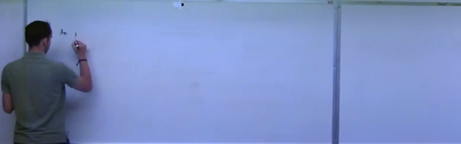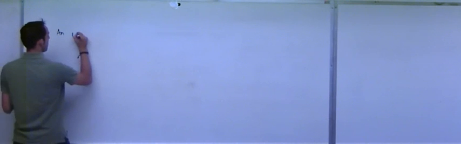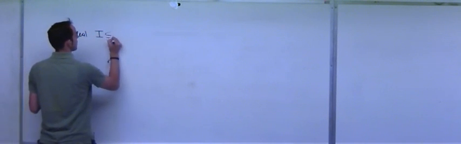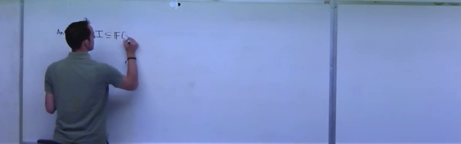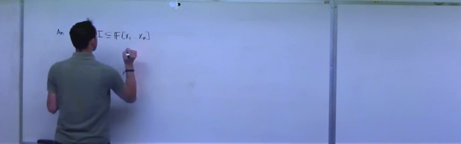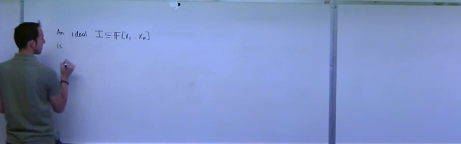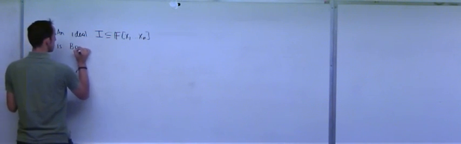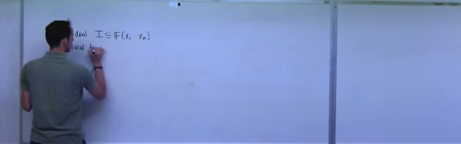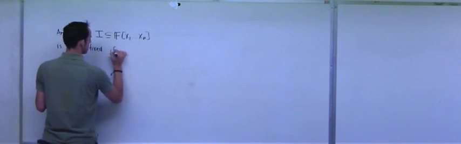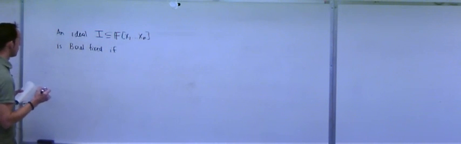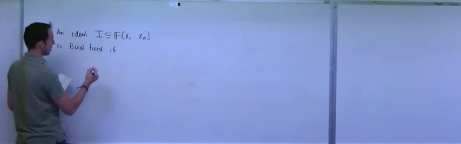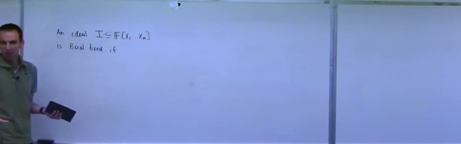So we were talking about Borel-fixed monomial ideals. So we said that an ideal in a polynomial ring is Borel-fixed, so by definition, this is just that it's fixed by the action of the Borel subgroup, right?